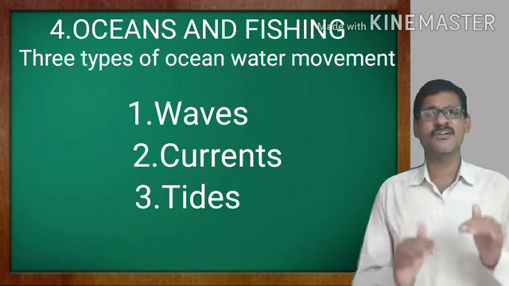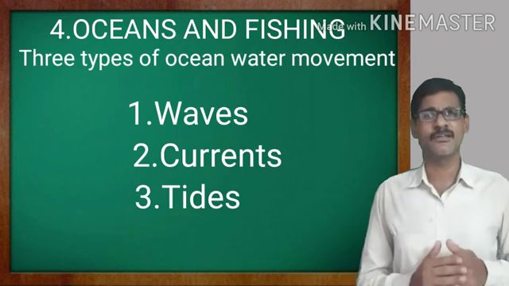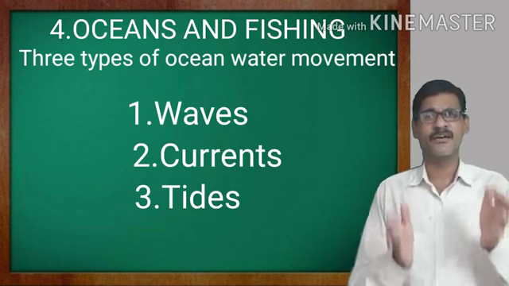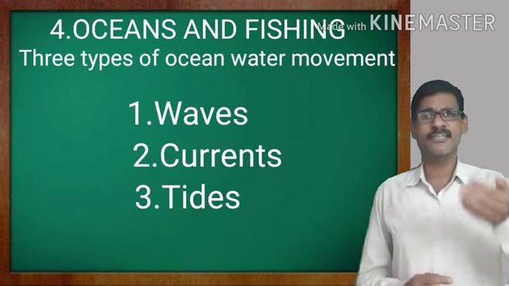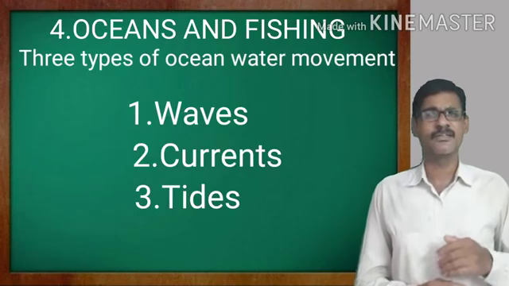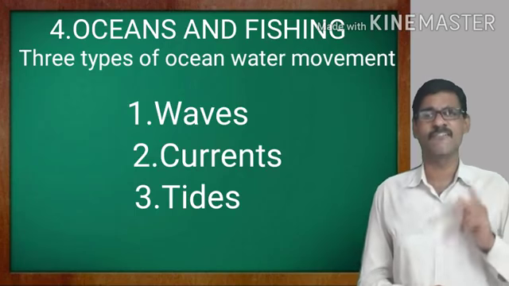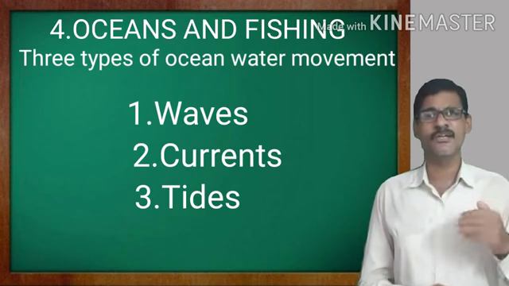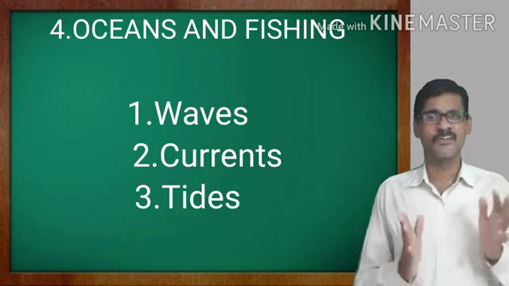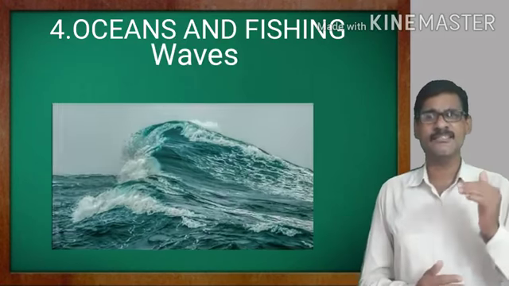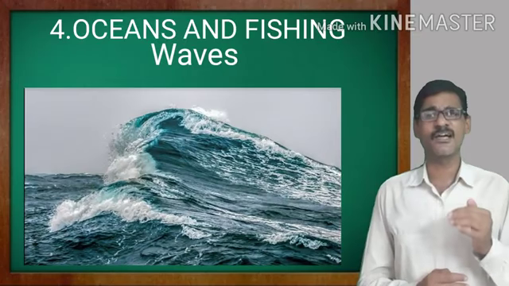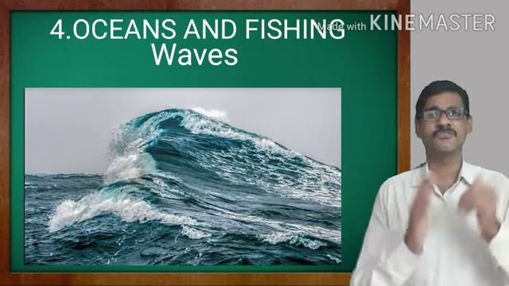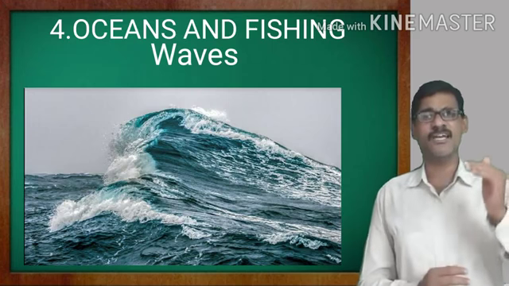The ocean water is not still. It's moving. There are three kinds of water movements here. The first one is waves, second currents, third tides. Waves: the rise and fall of water on the ocean surface is called waves.